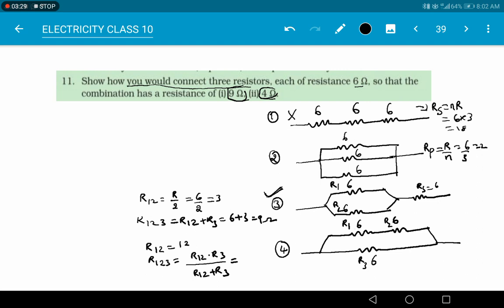So 12 into 6 by 12 plus 6, so 72 by 18, which is 4. To get 4 ohm effective resistance, we can select this combination.